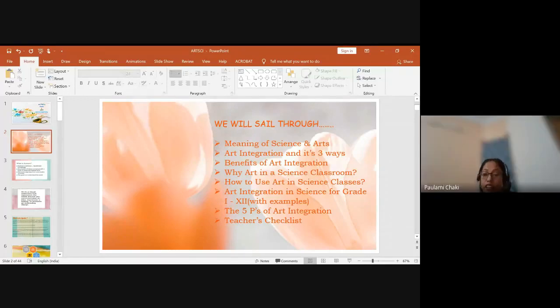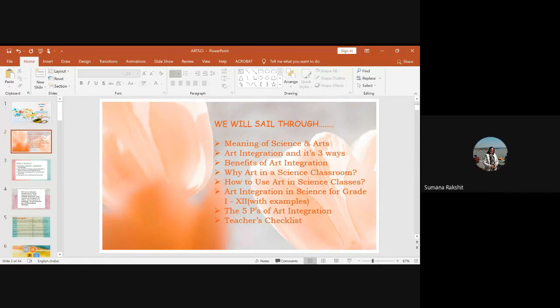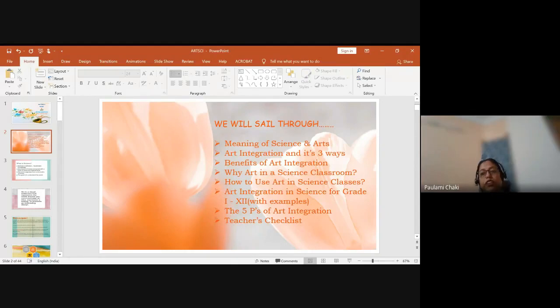Then the benefits of art integration. When we deal with any new thing, we always have to see how the students are going to be benefited. Not only students, as a teacher, I always like a part of education which benefits the teachers also. So we will look at how art integration benefits the teacher also.